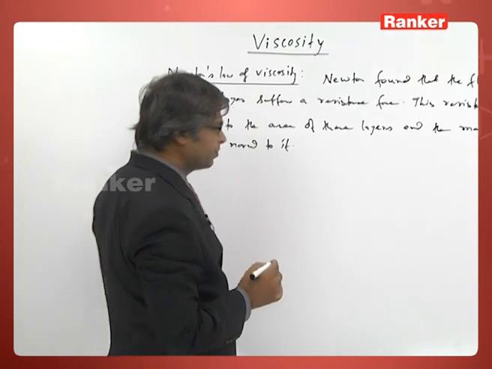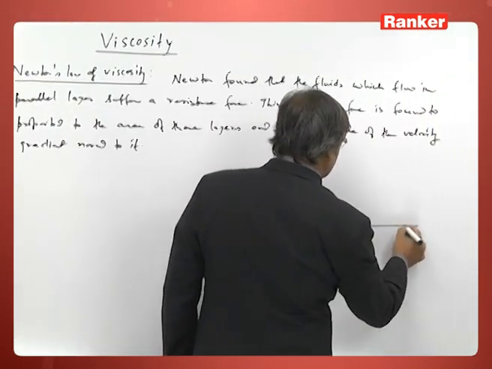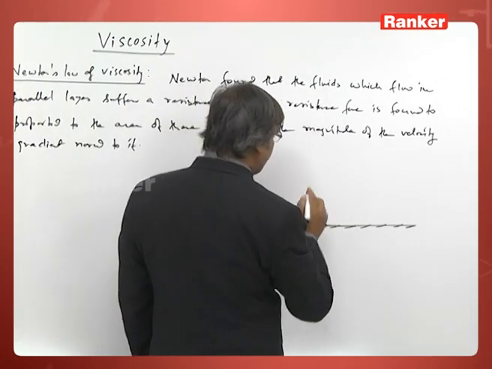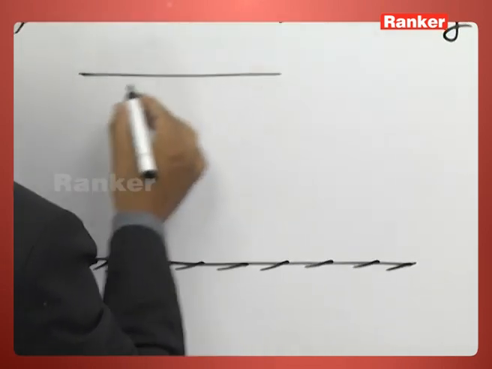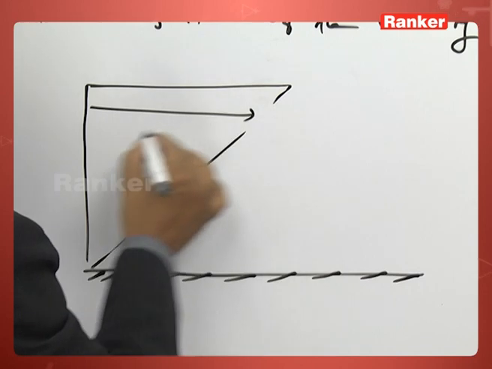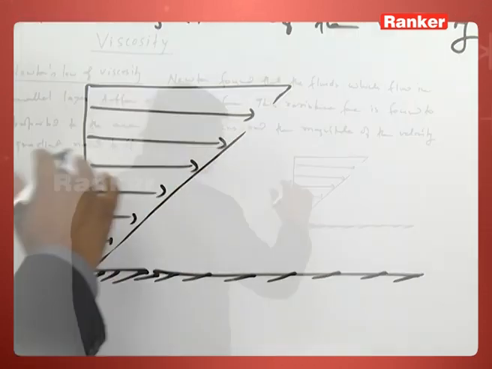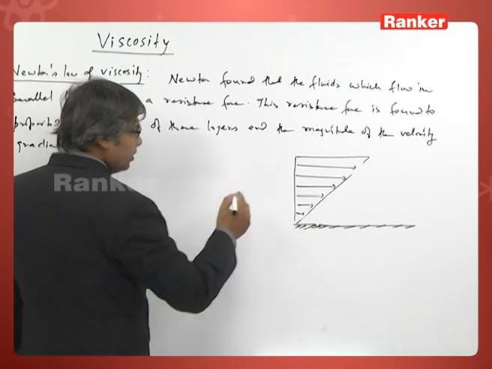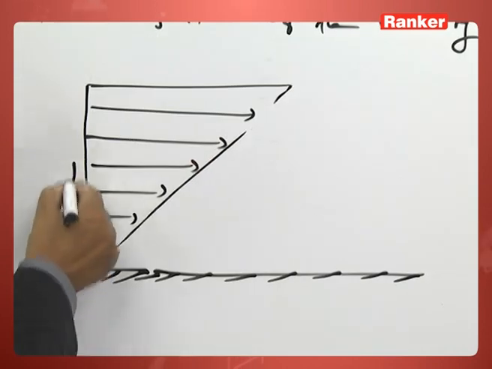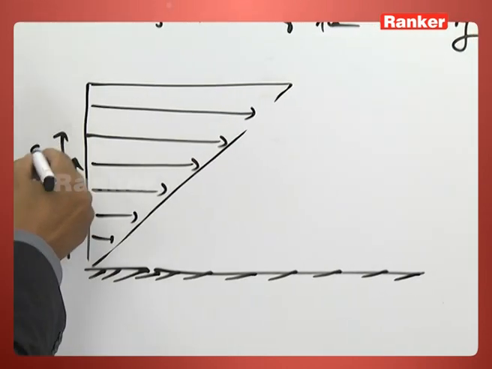That means if the sheets, so this is the static surface on which there is a laminar flow, so that you can see the liquids flow in these directions, sheets. So, suppose this is the height, I say y, and this is dy.